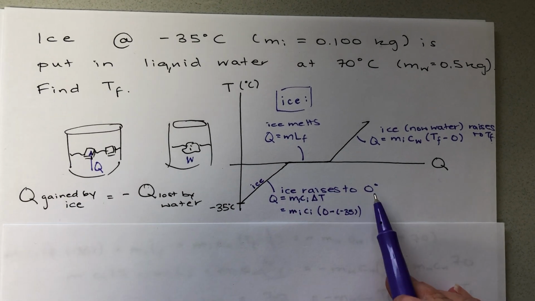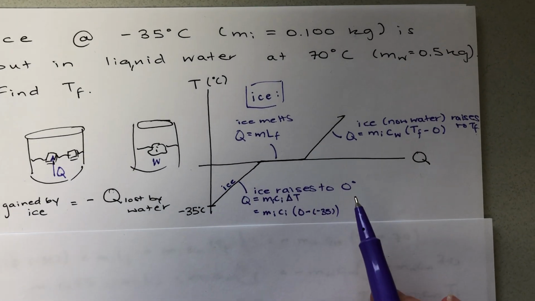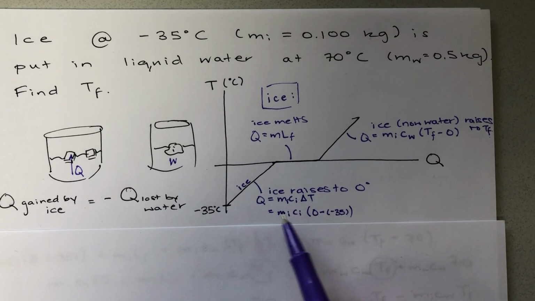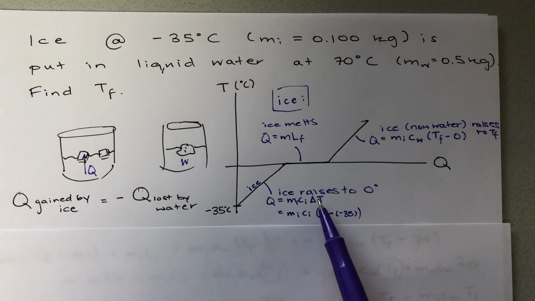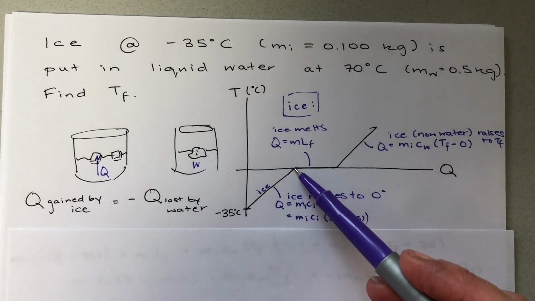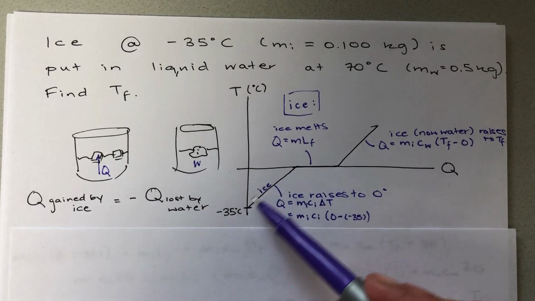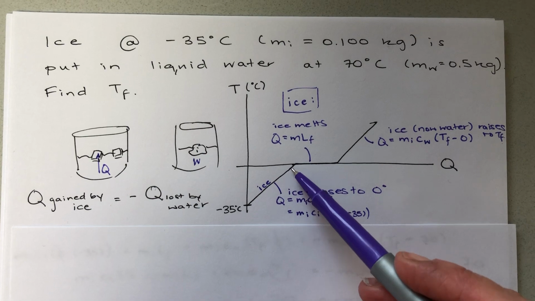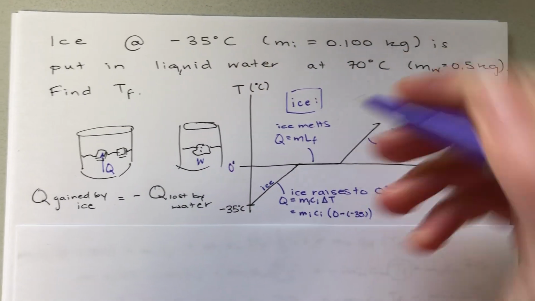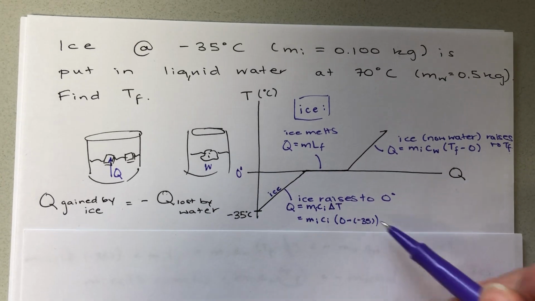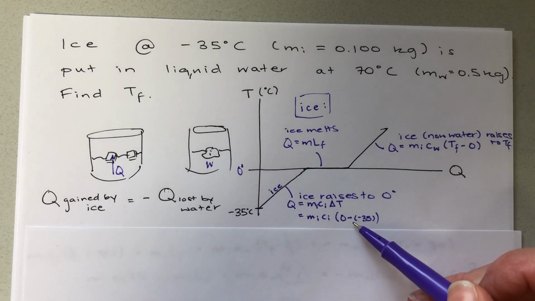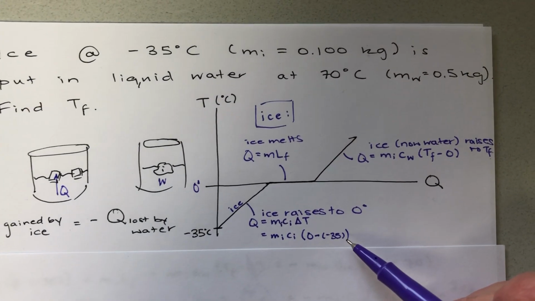So the ice has to raise to 0 degrees. So we're just strictly changing the temperature. So that would be Q equals MC delta T. And so MC, and then the change in temperature from here to here, well, the final temperature in this stage is 0 degrees, because we're just looking at these three stages separately. And the initial temperature is negative 35, so it's 0 minus negative 35.